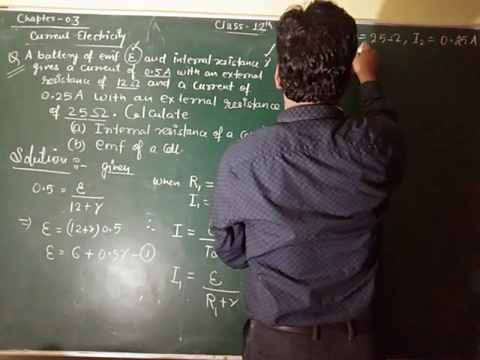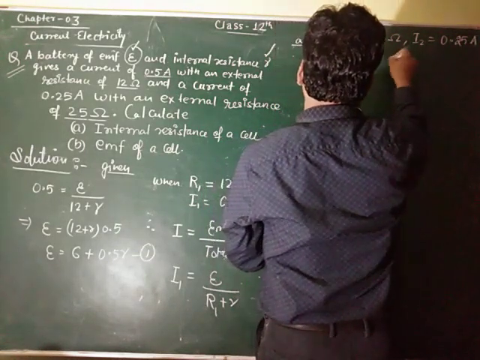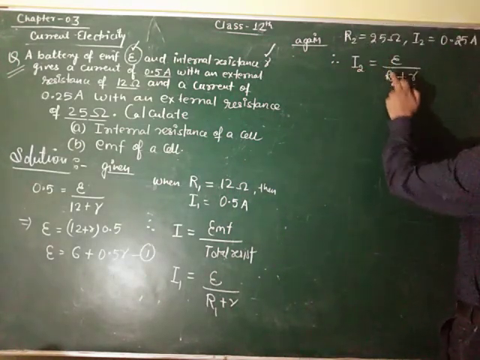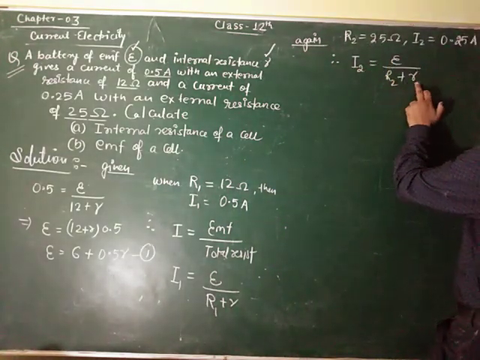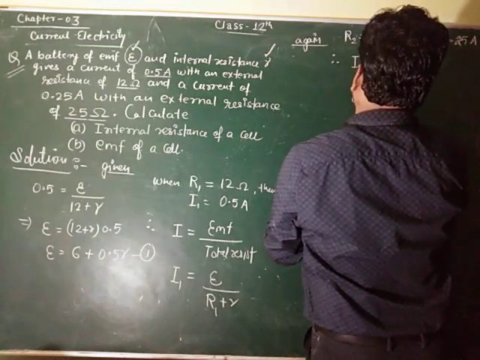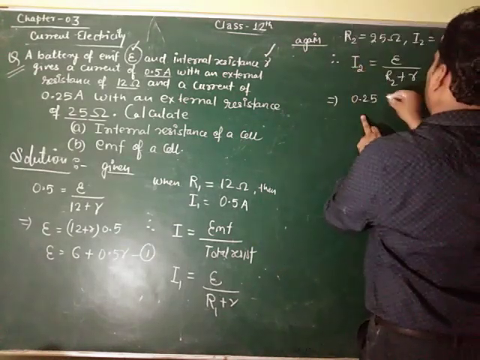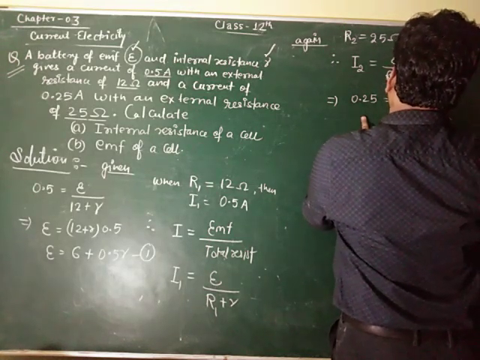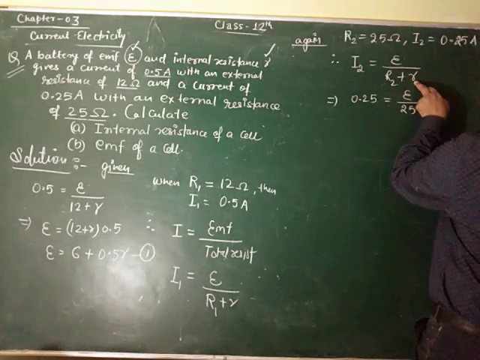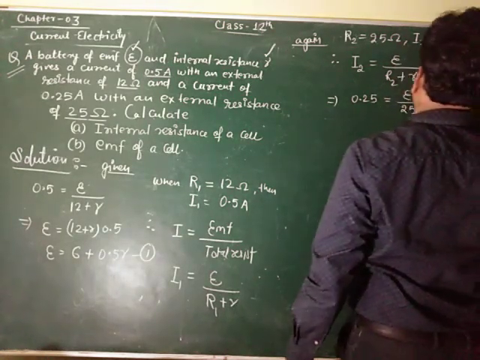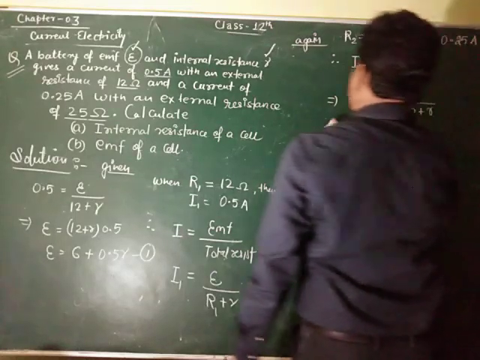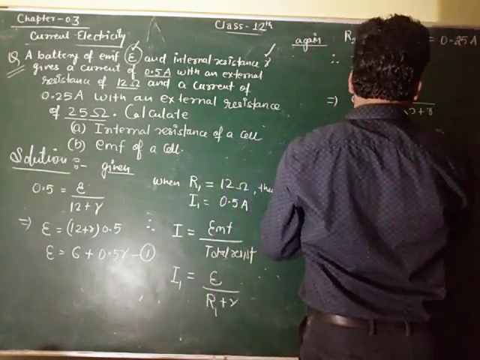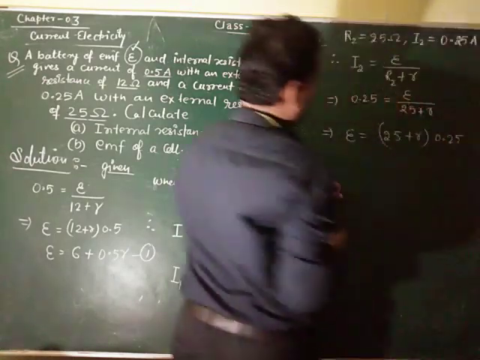Therefore, again using the same formula, I2 is equal to E by R2 plus R. Using the given values, we can write EMF E divided by 25 plus R is equal to 0.25. Cross multiplying, EMF is equal to 25 plus R multiplied by 0.25.